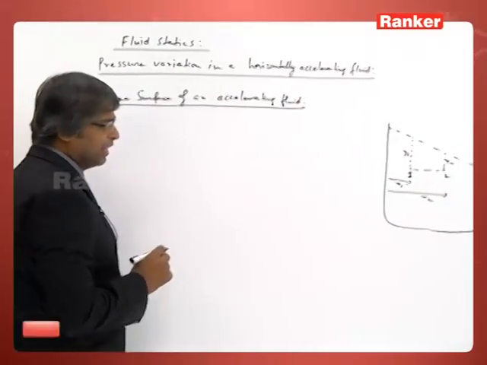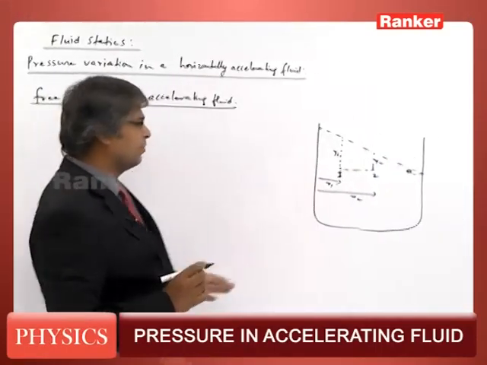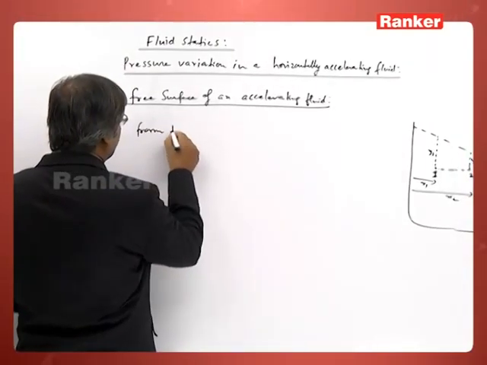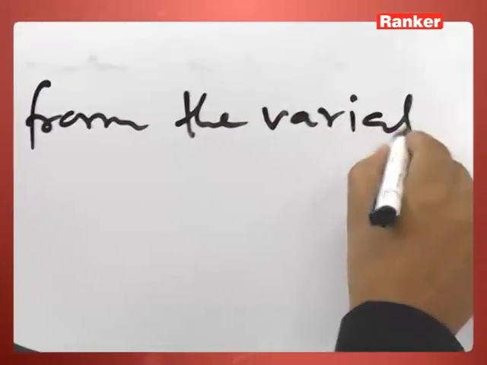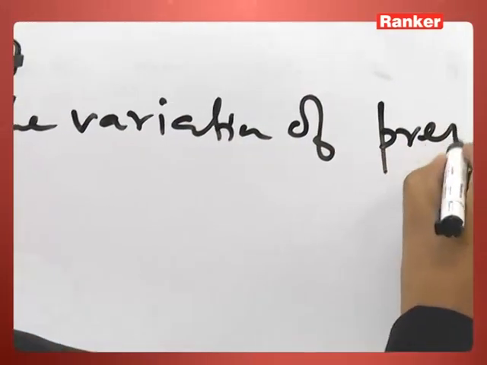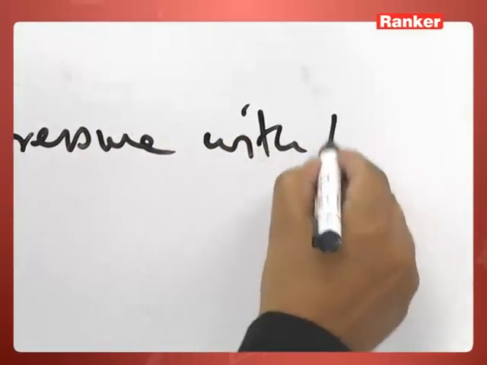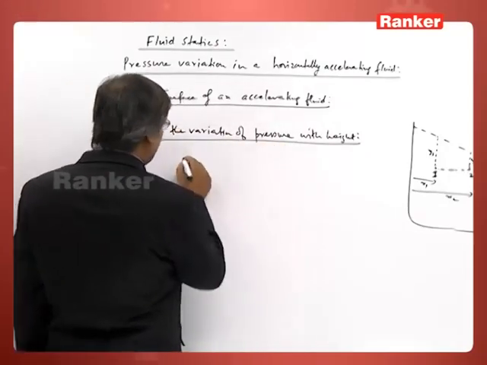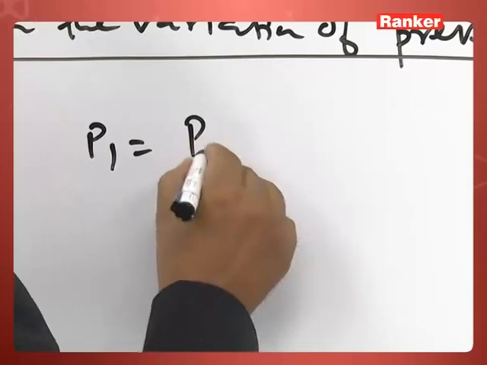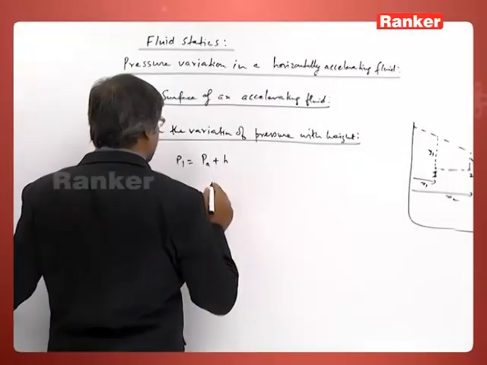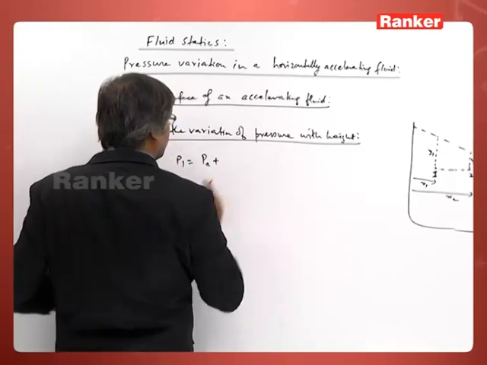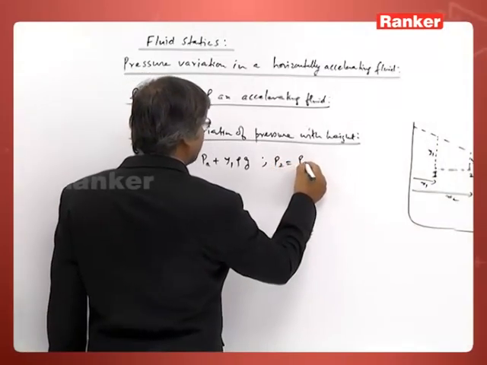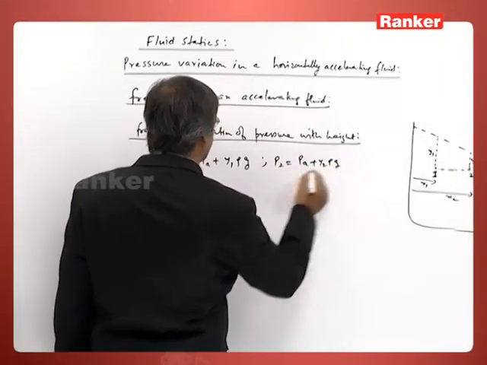So, now what I do? Let us find pressure at 1 and 2. So, from the variation of pressure with height, we know that the pressure varies with height and we have P1 is equal to P atmospheric plus H rho g, that is presently Y1 rho g, and P2 will have P atmospheric plus Y2 rho g.